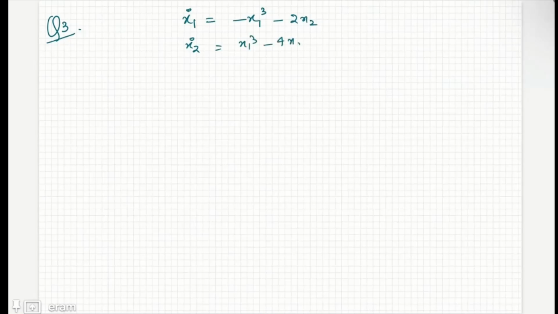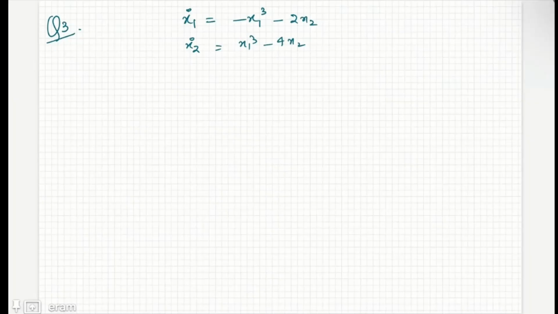So this is how we can check whether a given function belongs to class K or not. Now in the first question, we checked a linear system using the Lyapunov theorem, to guarantee whether the system is asymptotically stable or not. For the nonlinear system, let's try the same thing. For this case we have x1 dot as minus x1 cube minus 2x2, and x2 dot as x1 cube minus 4x2.